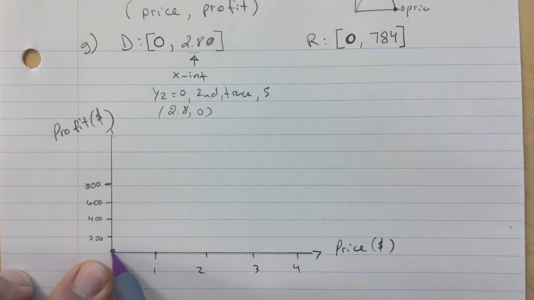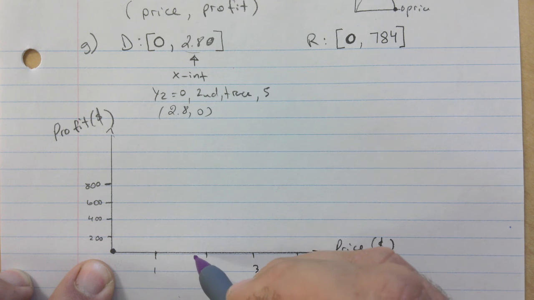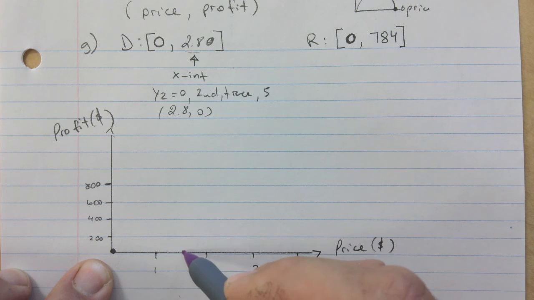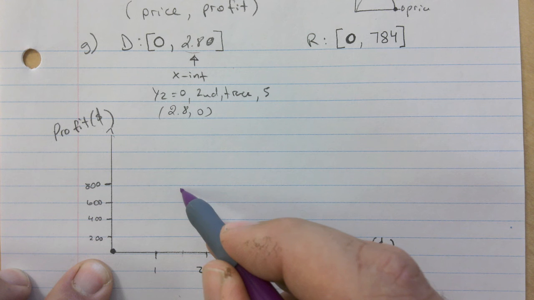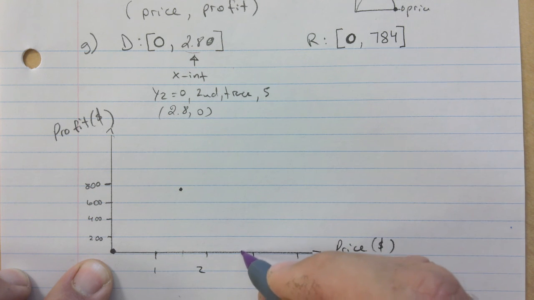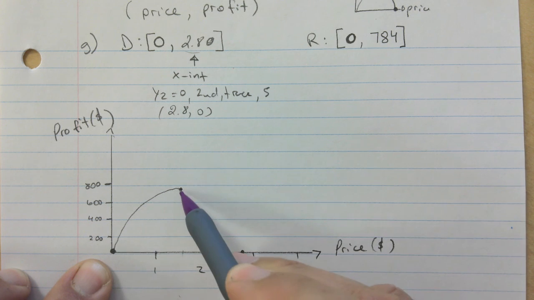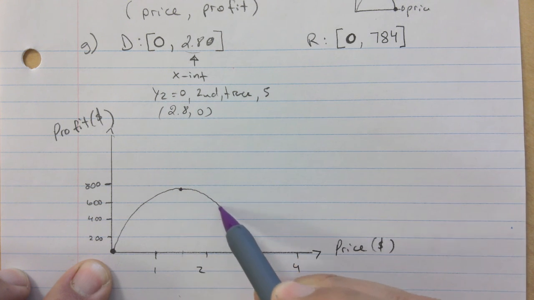So I'm starting at 0, 0. At 1, my vertex is at 140. So 150 would be about half. So 140 is here. And I'm at 784 right there. And then I'm at 280 over here. You go out and down. Out and down.